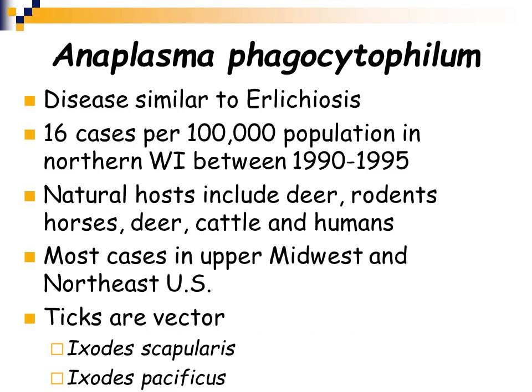The other organism in the Anaplasmataceae family is Anaplasma phagocytophilum, and this causes a disease that's very similar to ehrlichiosis. There are approximately 16 cases per 100,000 in the population in northern Wisconsin between 1990 and 1995.